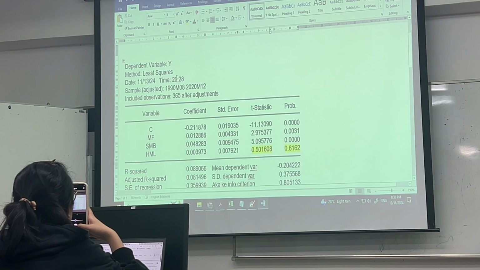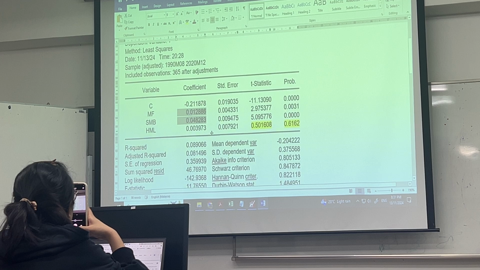The response of this Alliance Malaysia Bank to the size factor, with a coefficient of 0.048, is higher compared to the market factors. So that is something like diversification when you build your portfolio.